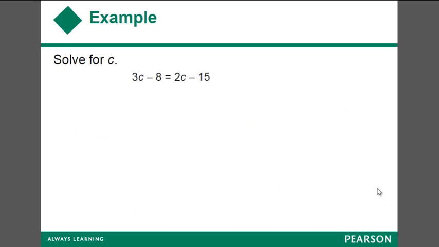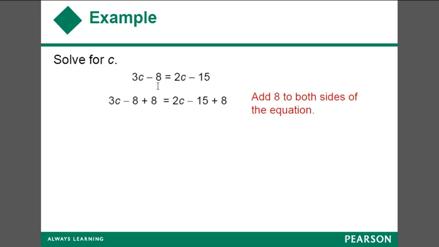Here's one where I actually have a variable on both sides of the equation. I have 3c minus 8 is equal to 2c minus 15. There's a couple of different ways I can start this equation to solve it. What I'm going to do first is add the opposite of my negative 8 and get rid of it.